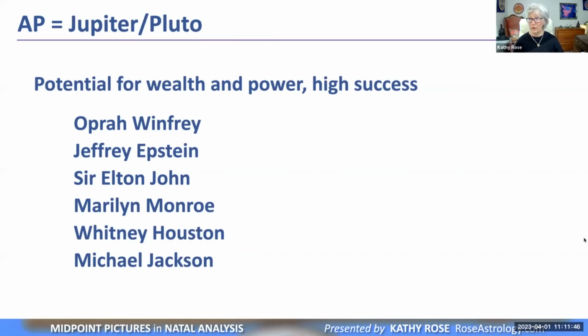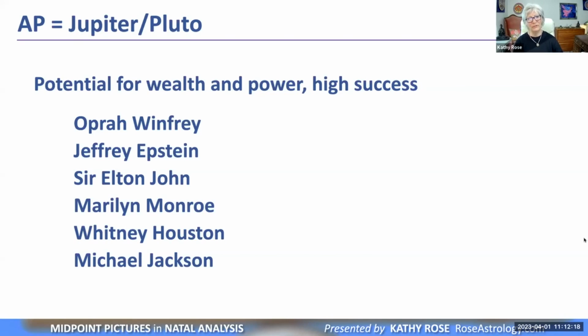And that would be first, AP equals the Jupiter-Pluto midpoint. So when you find Jupiter-Pluto, either 29 mutable, 0 or 1 cardinal, there is the potential for enhanced wealth, power, high success. Now, does it mean automatically if somebody has AP equals Jupiter-Pluto, you would say, hey, you're going to be wealthy, powerful, and successful? No, that's cookbook.